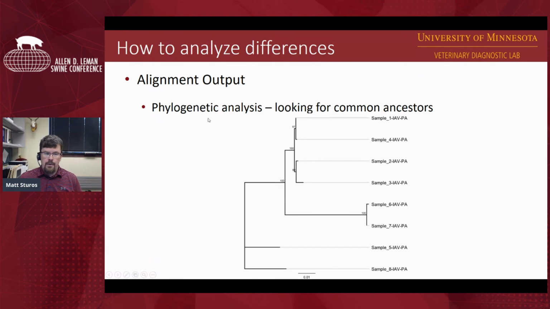It's important to know too that most of what I discuss is phylogenetic analysis. These are looking for common ancestors. Occasionally you can get dendrograms. That means that there's not necessarily an evolutionary component to it. It just means it's looking at percent similarities. Those would not necessarily give you an idea of how related evolutionarily the organisms are that you're looking at.